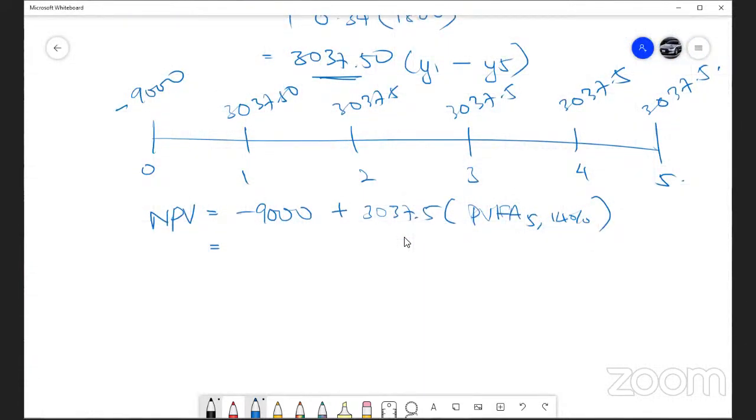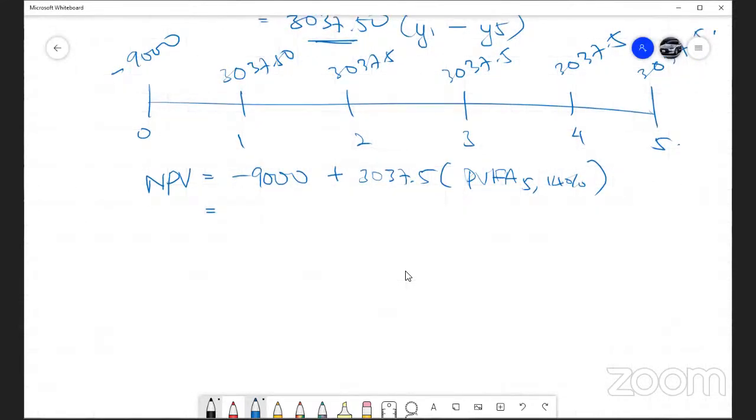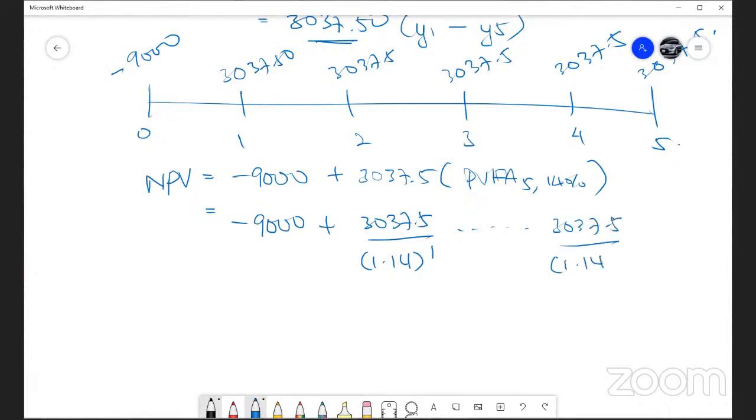For those who don't want to do this, you can use your financial calculator. Or if you're hardworking enough, you can do the old school method: 3037.5 divided by 1.14 to the power of 1, continuing for 5 years until 3037.5 divided by 1.14 to the power of 5. Then you get NPV. Or more conveniently, use the calculator. Cash flow at time 0, negative 9,000.